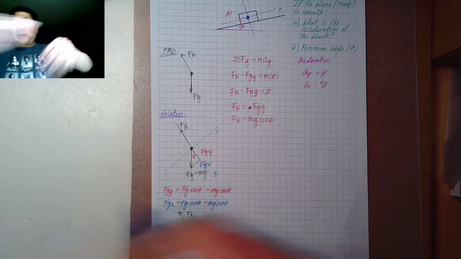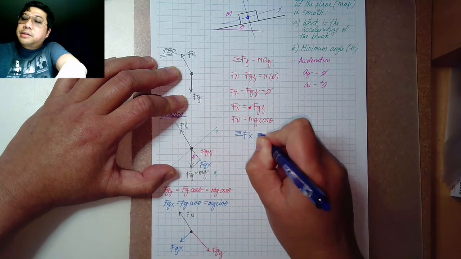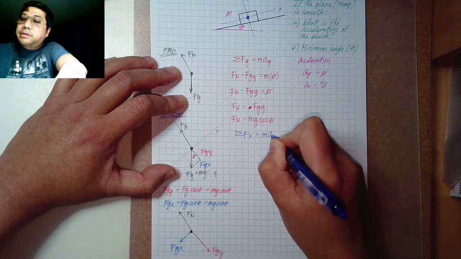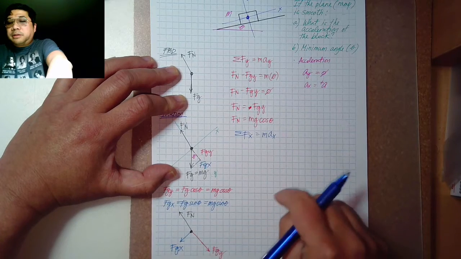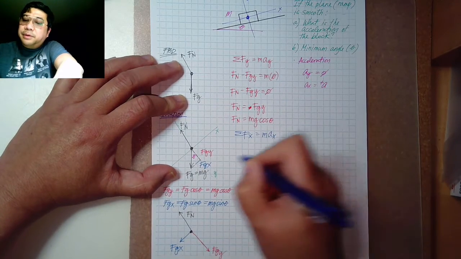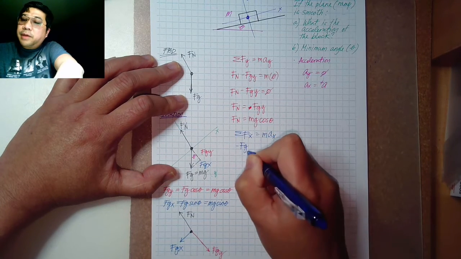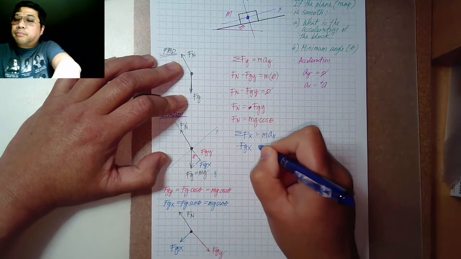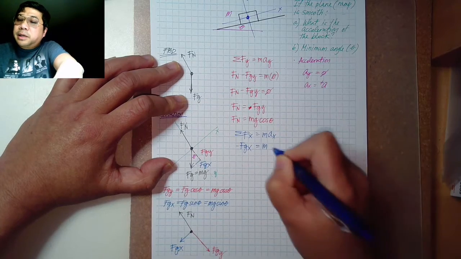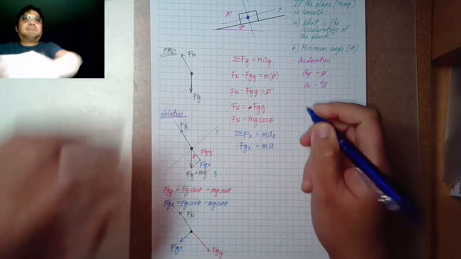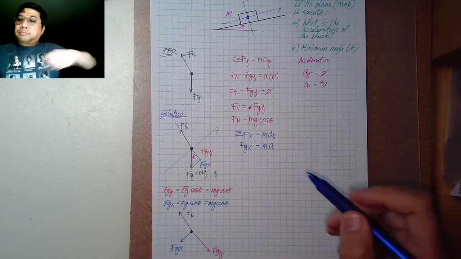So using our blue ink, we can say that the summation of forces along the x-axis is equivalent to mass times the acceleration along x. Going to the right is positive, going to the left is negative, so we have negative Fg of x, and there's no other force acting on it, equals the mass and the acceleration a.